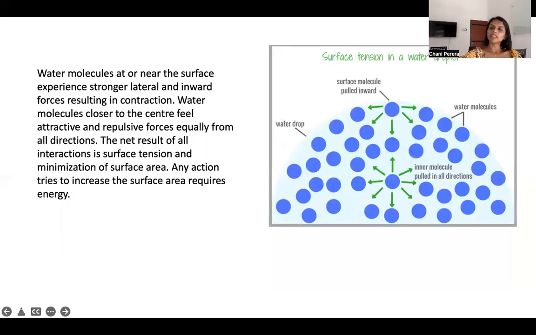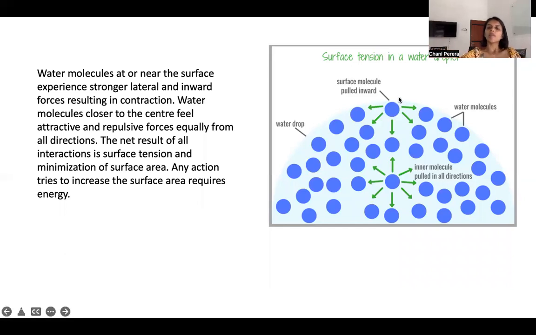So this is a schematic representation of what's really happening. We have the water droplet, we have water molecules, some arranged on the surface and the others inside. So if you take an interior molecule, what happens? No net force, it is pulled in all directions, it's balanced out.